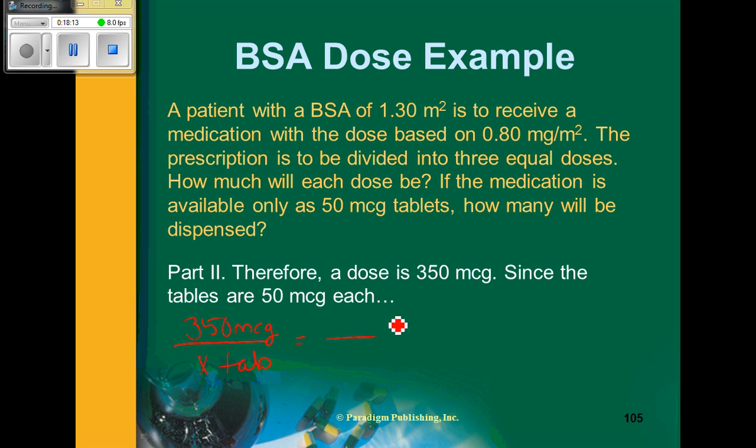And we have, of course, it comes in 50 micrograms per 1 tablet. So then you're going to cross multiply. 50 times X, it goes on the bottom, it'd be 50. 350 times 1 would be 350. 350 divided by 50 will leave you with 7 tablets.